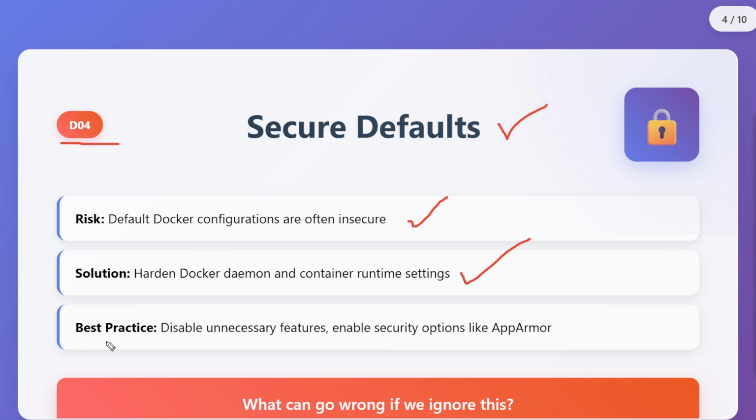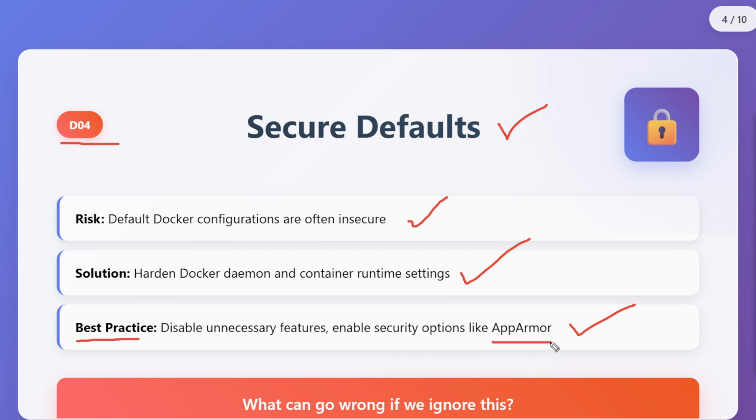Okay, and we need to follow some best practices: disable unnecessary features and enable security options like AppArmor. We need to use Linux security modules; AppArmor is a Linux security module, and SELinux is also there to enforce access controls.